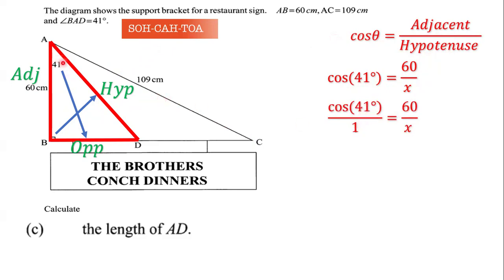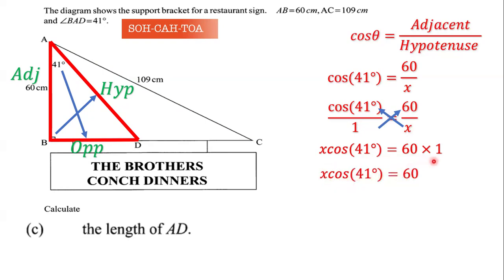Now, we use 41 because we got 41 from right there. So we have cosine of 41 all over 1 is equal to 60 over x. We do that because we want to cross multiply. And so we have x times cosine of 41 is equal to 60 times 1, which gives us that x times cosine of 41 is equal to 60.